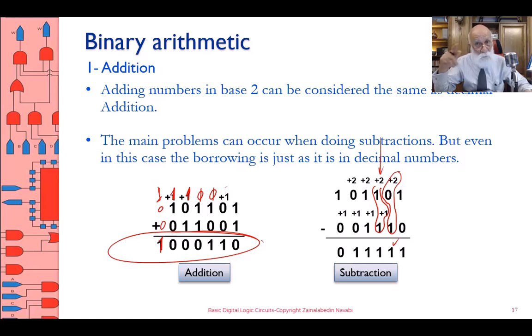And therefore, I need to borrow again. A borrow becomes a 1 added here and translates to a 2 added here. Now let's look. I have 1 plus 1 is 2. I'm subtracting it from 1 plus 2, which is 3. Sure, I can do that. The result is 1.